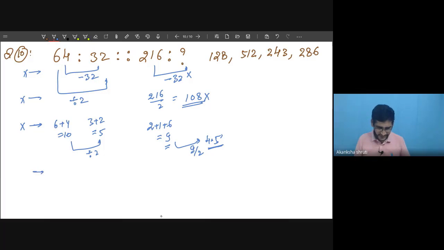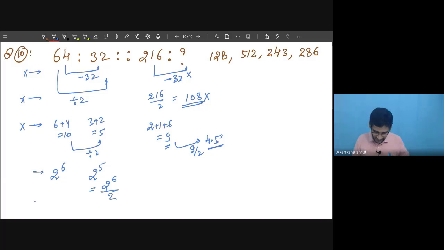Okay, so let us see. Let us write this 64 as 2 to the power 6, and we can write this as 2 to the power 5. It is one way of thinking. But what is this 2 to the power 5? It is 2 to the power 6 divided by 2. It is like this one.